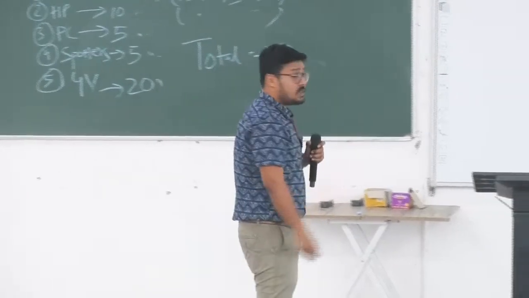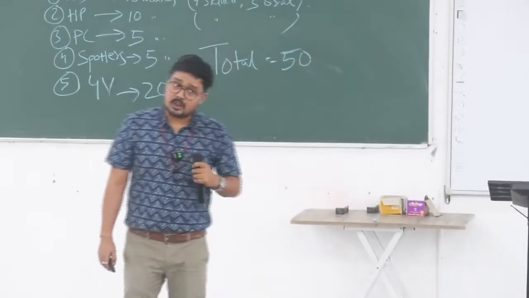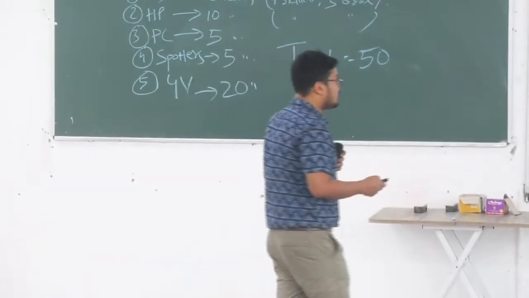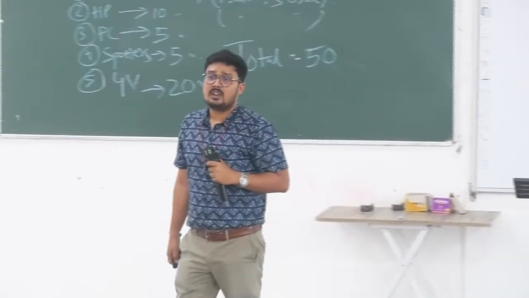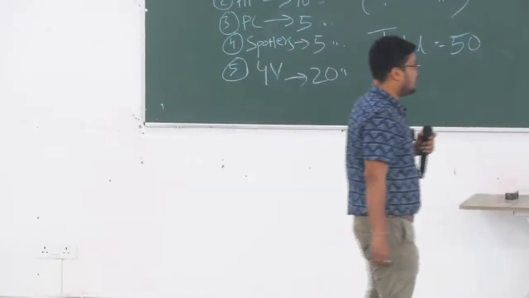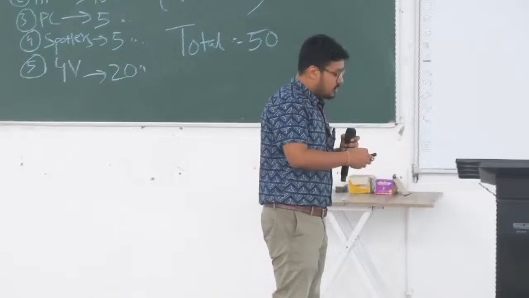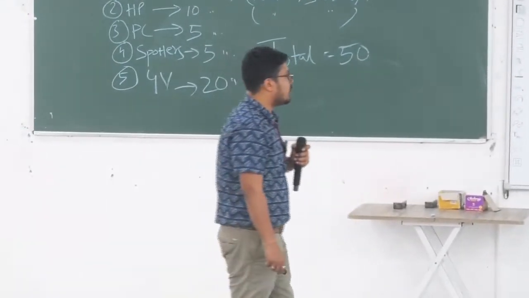Now, nitric oxide. I told you, it is the most potent vasodilator, an ultra short acting vasodilator. The source of nitric oxide is the endothelial cell. This is also an important mediator of acute inflammation.